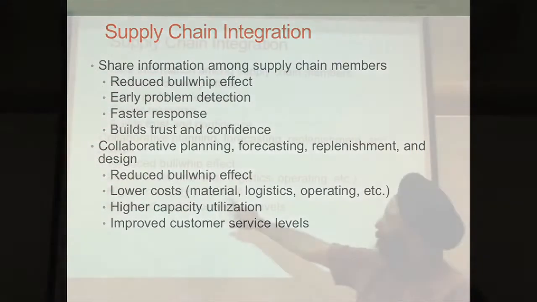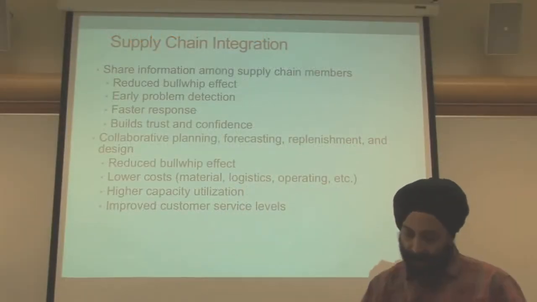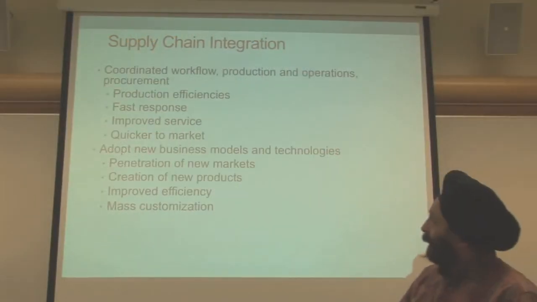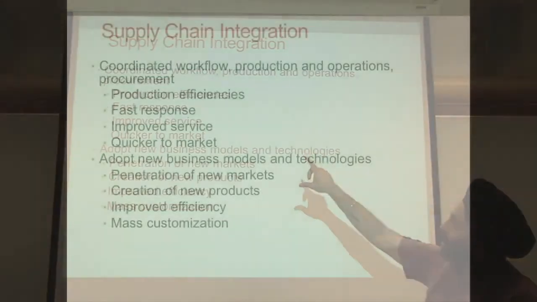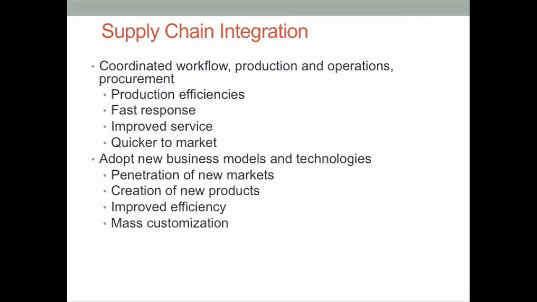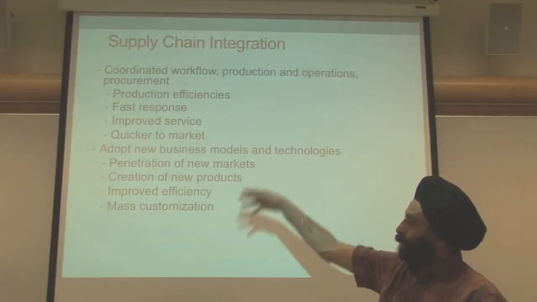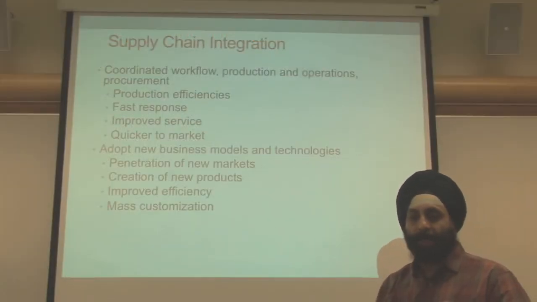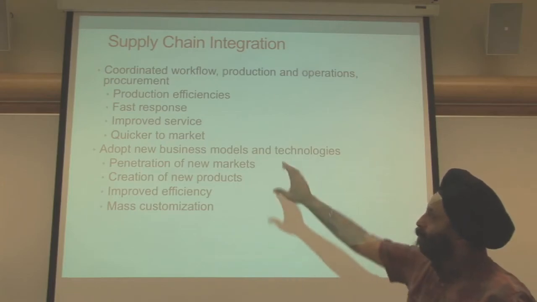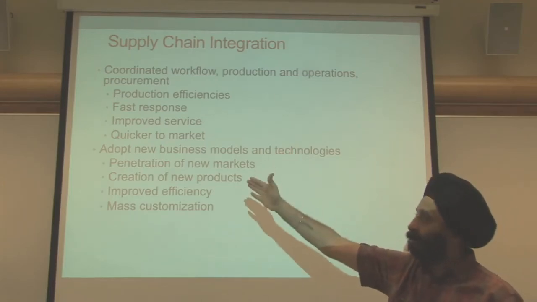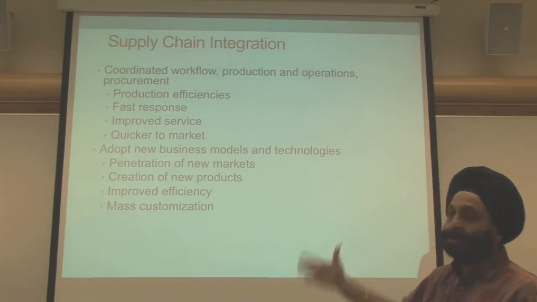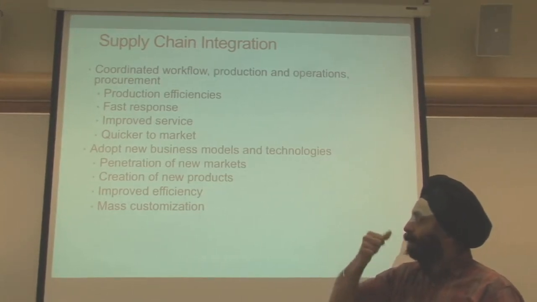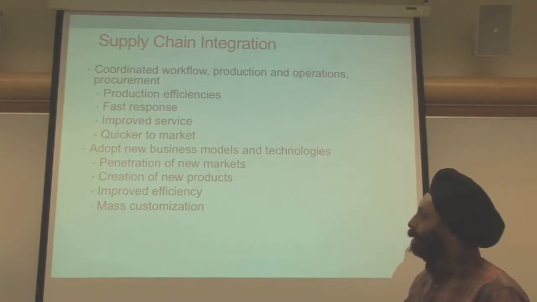And higher capacity utilization and improved service levels. So in this case, we can use, for supply chain integration, coordinated workflow, production and operation, procurement, which really goes a long way in improving production efficiencies, faster response, improved service to customers, as well as quicker new product to market.